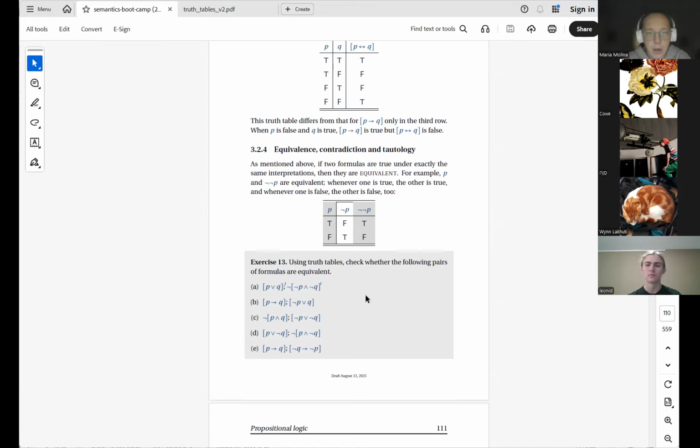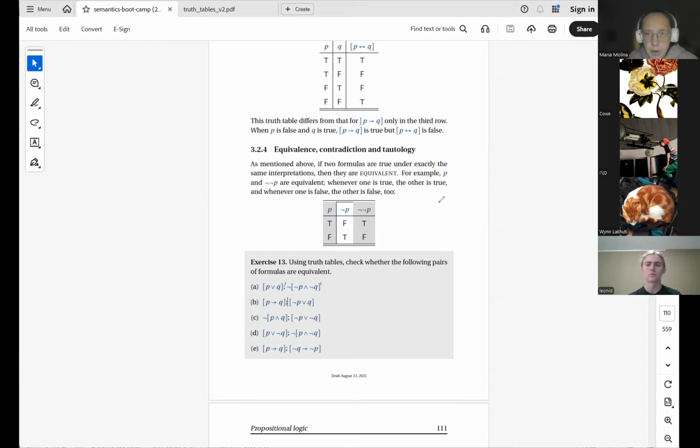Now we can express the same idea as: if P then Q, either P is false or Q is true.